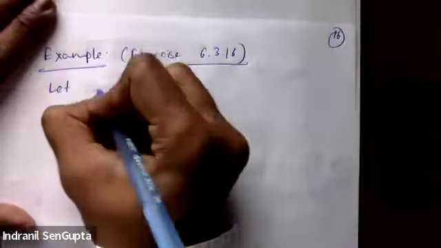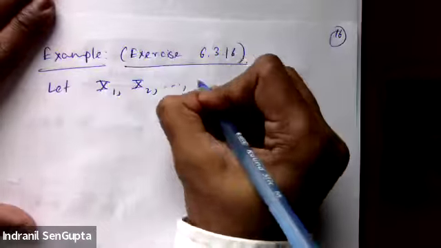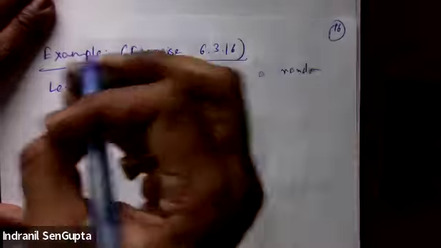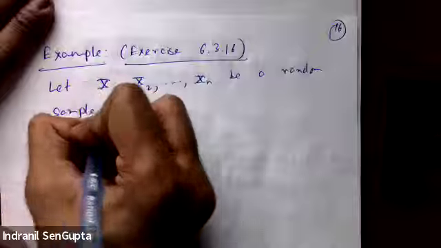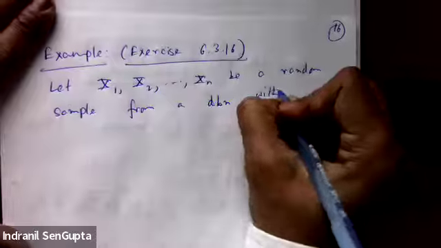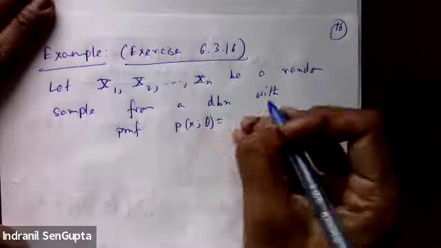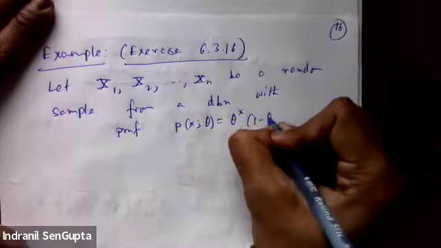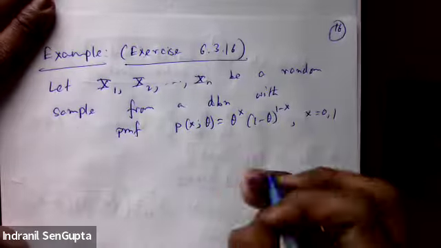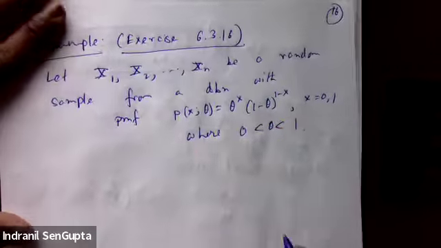Let X1, X2, ..., Xn be a random sample from a distribution with the probability mass function p(x; theta), where theta is unknown, is theta to the x times 1 minus theta to the 1 minus x, for x equal to 0 or 1, where 0 is less than theta less than 1.